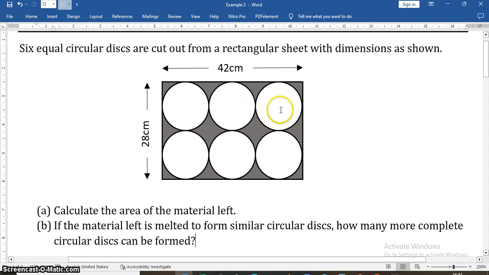You have 3 circles forming 42 centimeter. 42 divided by 3 would also give you 14. So now we know each circle has a span of 14 centimeter. And the span of the circle, remember, from end to end is the diameter. So now it's easy to reason this out. The diameter of each circle is 14 centimeter.